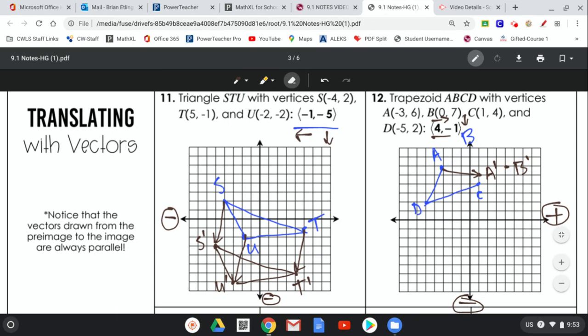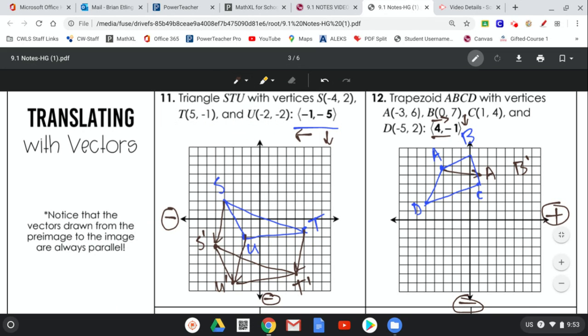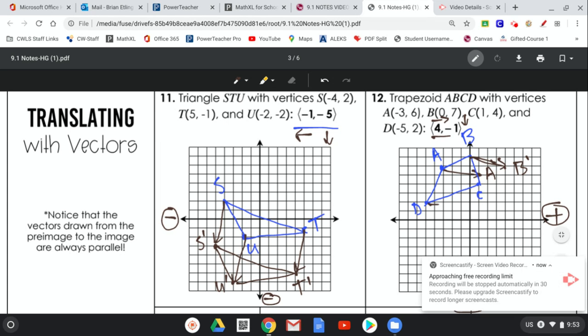So drawing our vector from B. Sorry, we'll get this figured out here. All right. So drawing our vector from B to B prime, boom, right there. Alrighty. And then we're going from D, so we're going to go over 1, 2, 3, 4, and down 1.